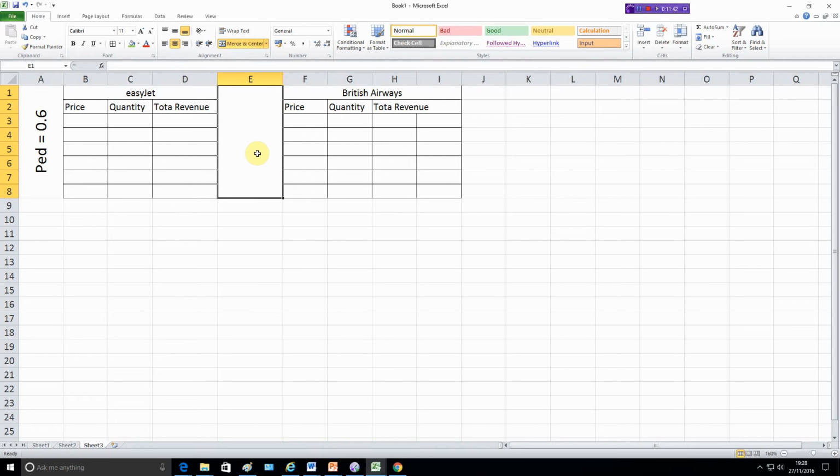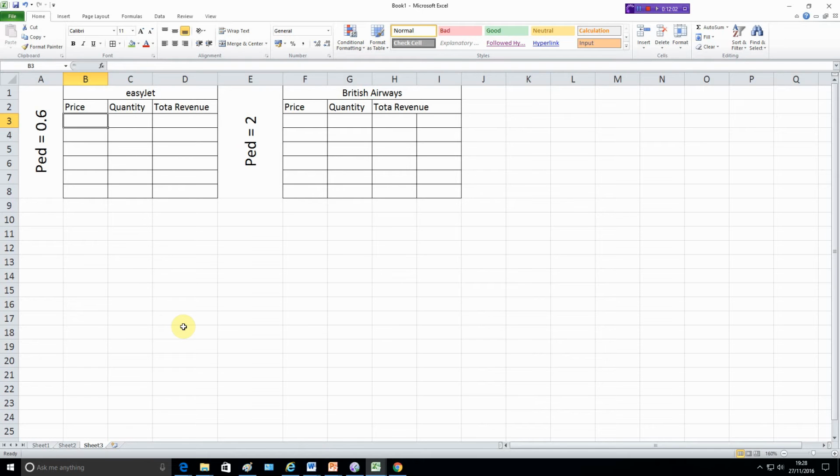PED for British Airways equals 2, which is greater than 1.